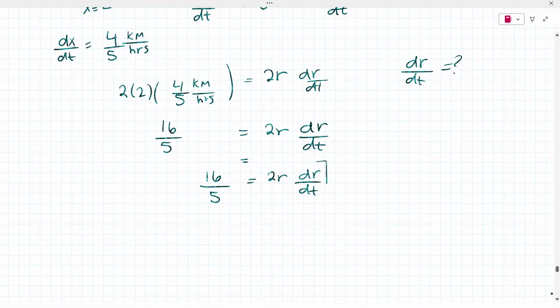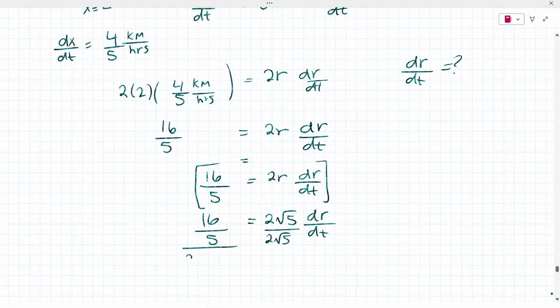Since r is the square root of 5, it's 2 square root of 5 dr/dt. Then solve for dr/dt by dividing both sides by 2 radical 5. When you solve for dr/dt, you get 8 radical 5 over 25 kilometers per hour.